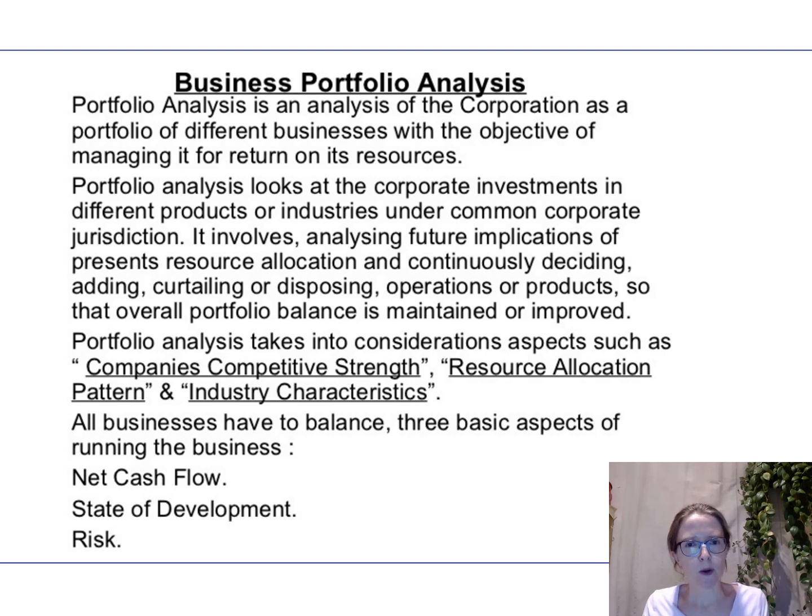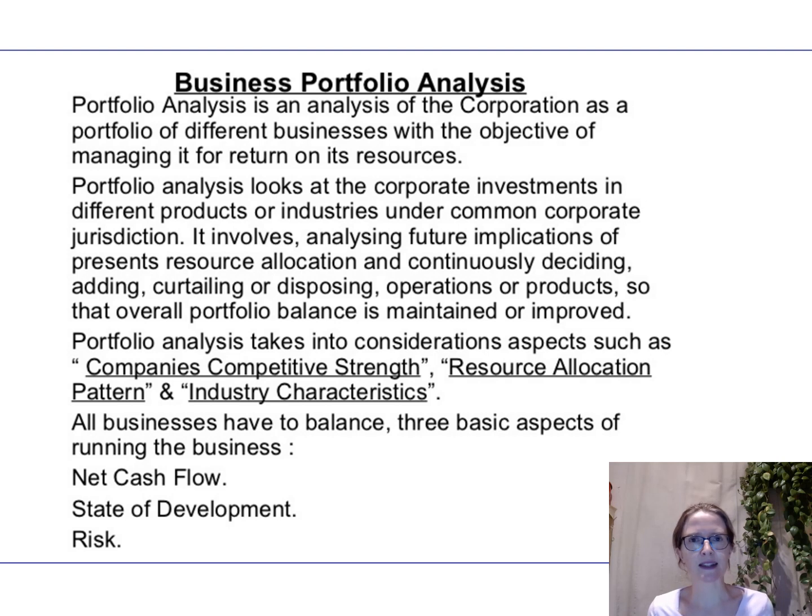When we talk about business portfolio analysis, it's basically an analysis of the corporation as a portfolio of different businesses with the objective of managing it for return on its resources. Portfolio analysis looks at the corporate investments in different products or industries under common corporate jurisdiction.